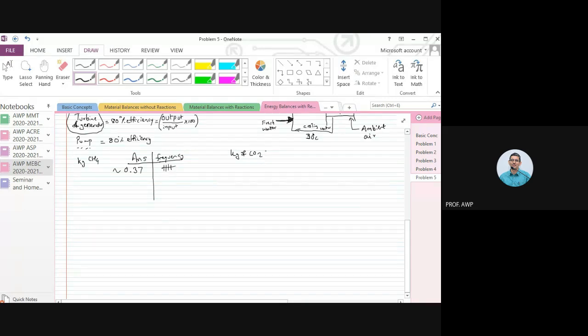Kgs of CO2? 1.03. Yes, sir, 1.03. Atharva, 1.03. The kgs of CH4 and kgs of CO2 have to be consistent with each other. So 0.37 has to correspond to 1.03.